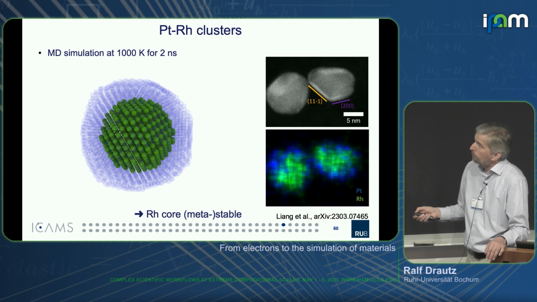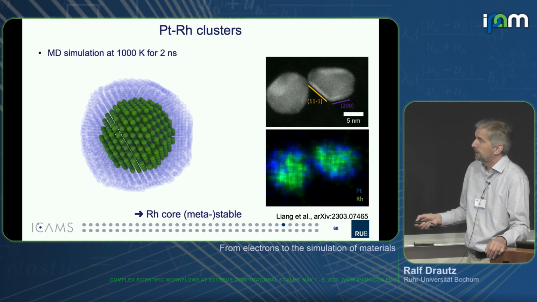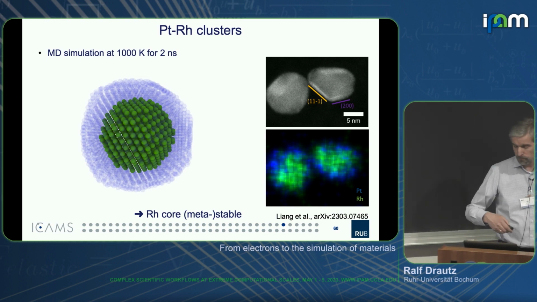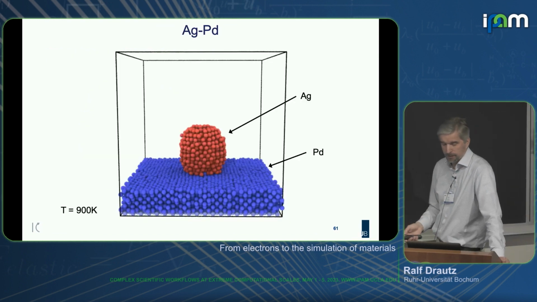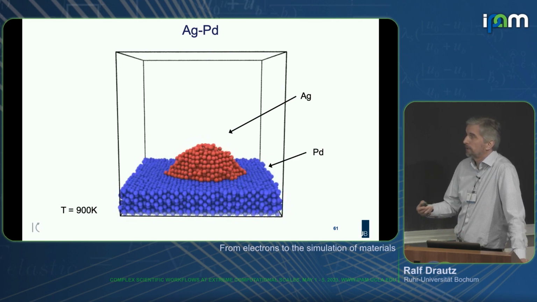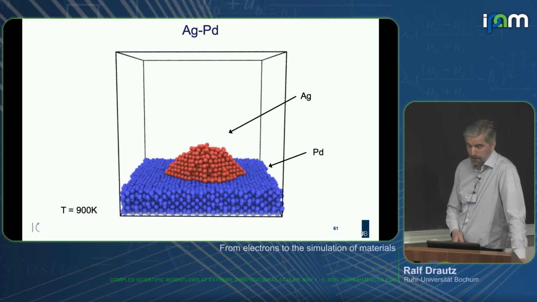But if we do a molecular dynamics simulation at 1000 Kelvin for 2 nanoseconds, nothing happens. So at least the solution process is very, very slow. Or we can look at silver palladiums, just put a little droplet on the surface, look at the equilibrium structure, and so on and so forth.